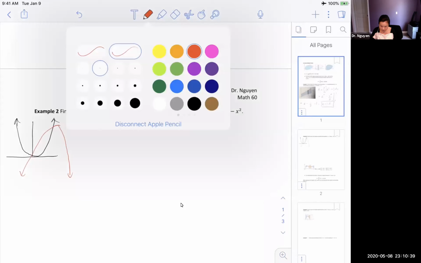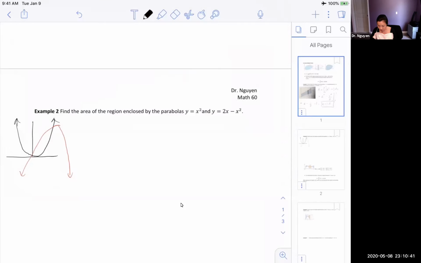So you can see that this one right here is y equals x squared. This one is a negative x squared, so this one is y equals 2x minus x squared.